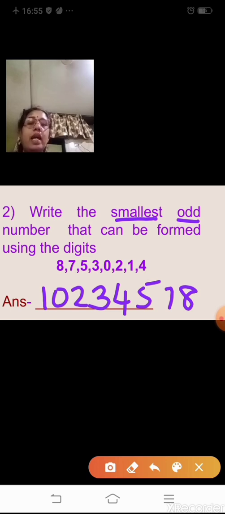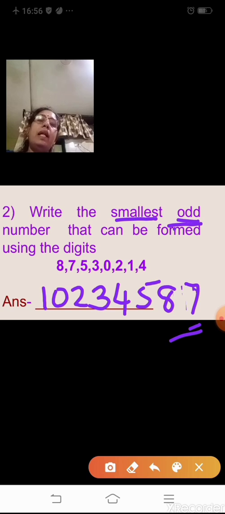So what we will do is, instead of writing 7 first, we will erase this 7, and write 8 and then 7. And why are we writing 7 at the last place? Because we have to form the odd number. If you are writing 7 and 8, it becomes an even number. So 8 you will write first and then 7 and make it an odd number. Okay, now place the comma. So you will read this as 1,34,587.